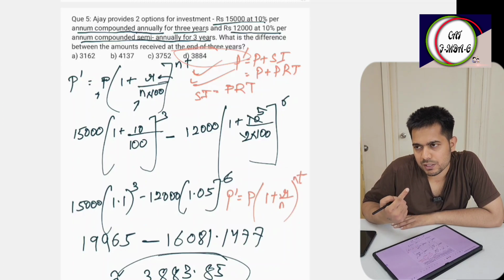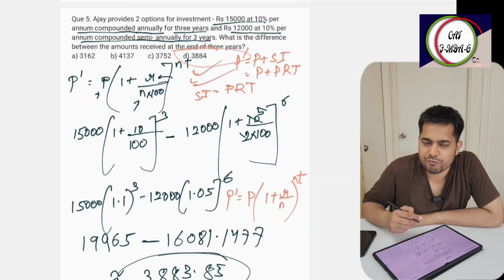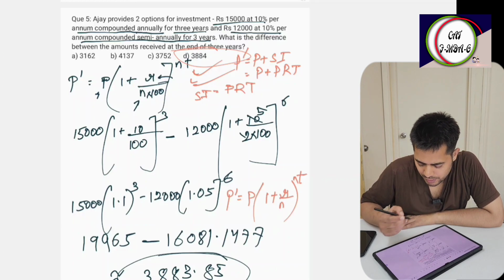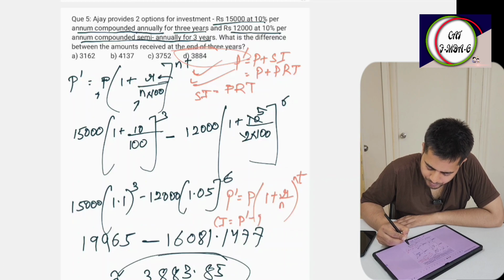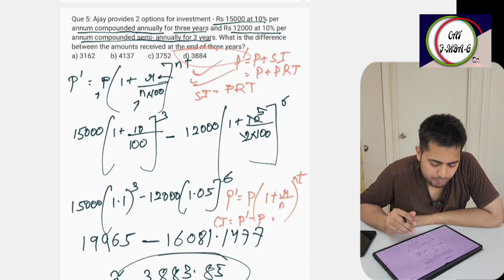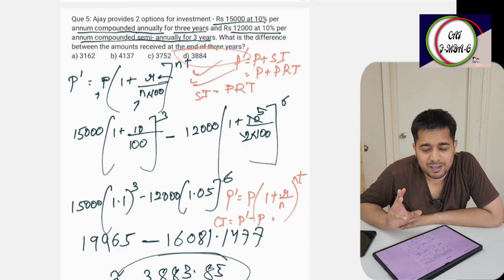N is equal to 1 if it is compounded annually, N is equal to 2 if it is semi-annually, N is equal to 4 if it is quarterly. T is the time, R is the rate of interest, and compound interest will be given as P dash minus P. Okay, if you remember these two concepts, you will be able to solve like 100% of the questions based on simple interest and compound interest.